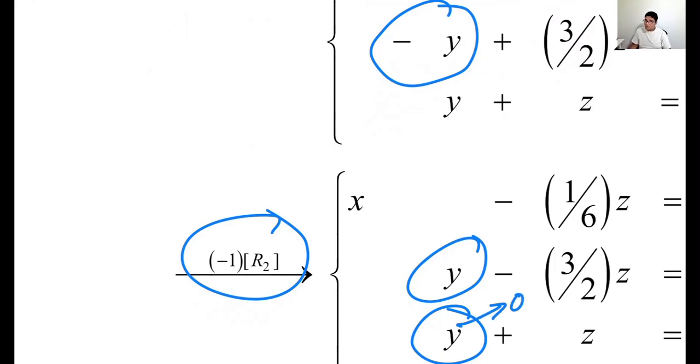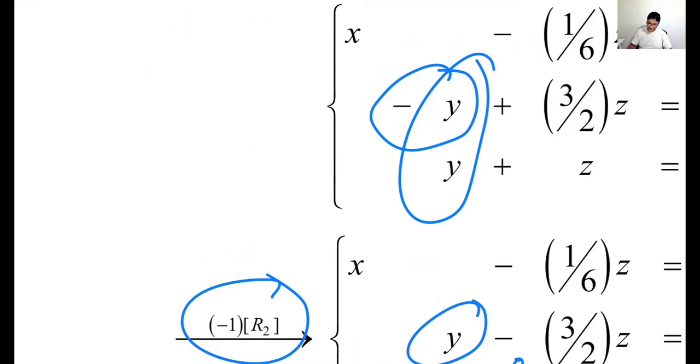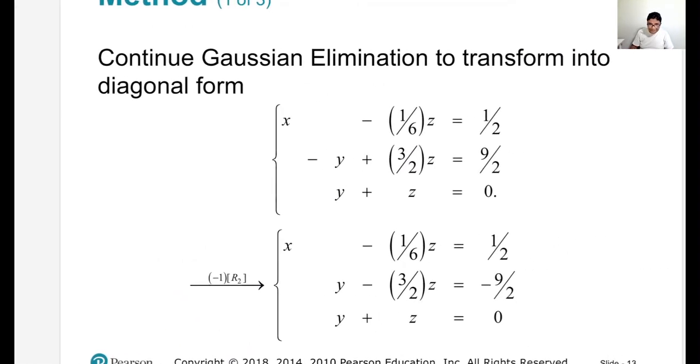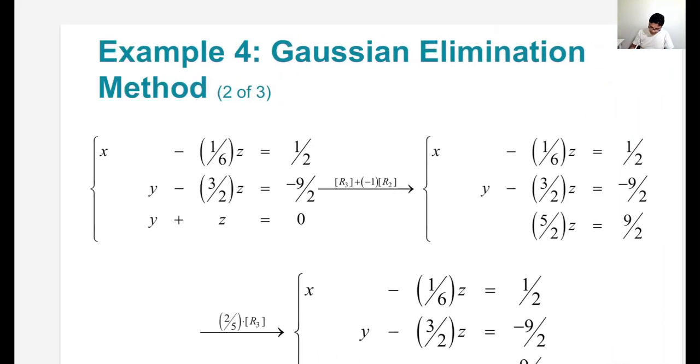Or alternately, I would say instead, you could have just added R3 and R2, second row and third row. Here. If you have added R3 and R2, y and negative y would have cancelled, and in the third row, that element would have become 0. But as I said, you can always follow different paths.